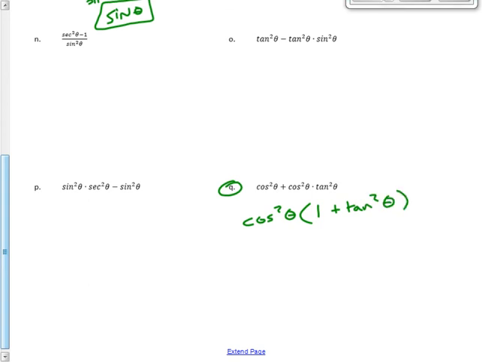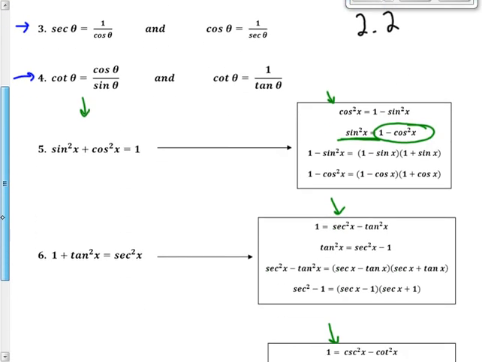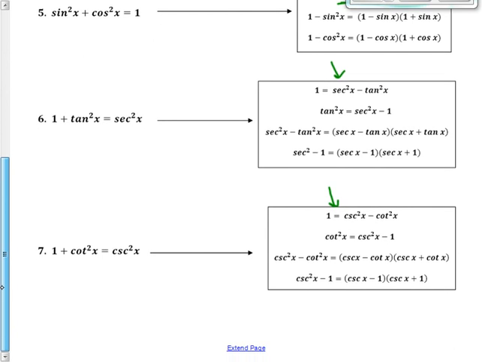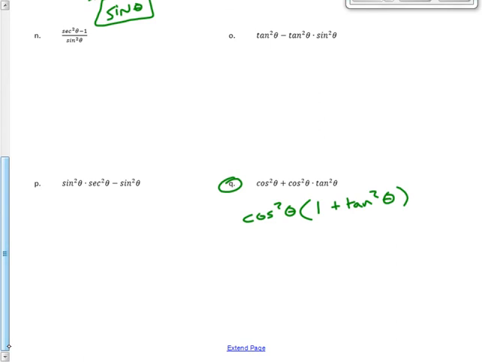Now I've got a 1 plus tangent squared, and it makes me think that there might be a Pythagorean triple that I can substitute for that. Well, I have a Pythagorean triple that says that 1 plus tangent squared actually is secant squared. So I can come down here and say that this is actually secant squared times cosine squared.